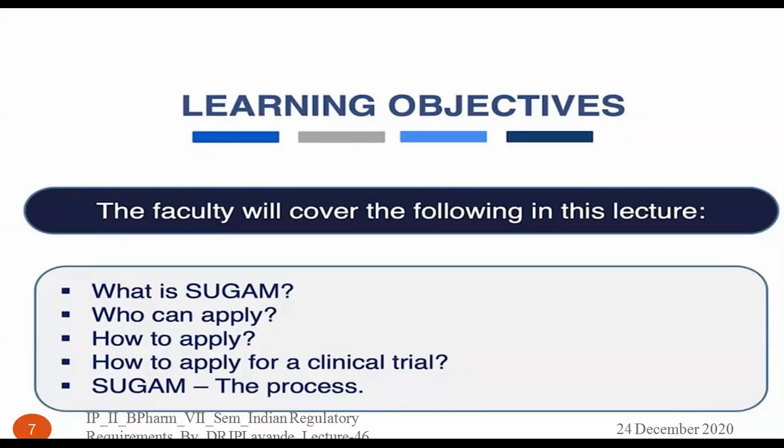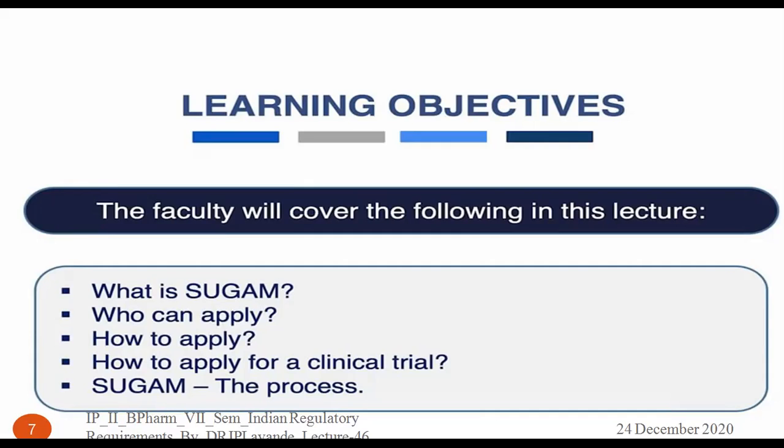Now, I want to make it clear to you that the process of application and getting the grant is different from the reporting of clinical trial processes, right? There are two different sites, two different portals.